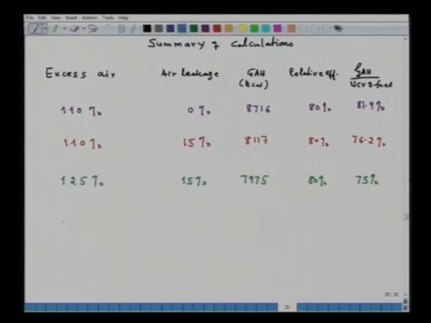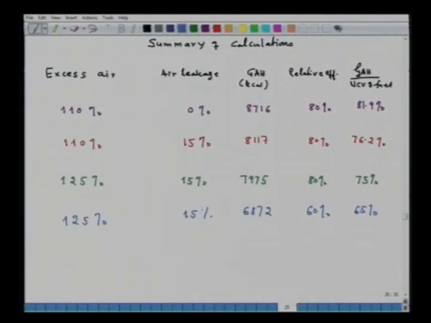The fourth case we have taken 125% excess air, 15% air leakage, 6872, and 60% and 65% over here. Instantly we can see from here that air leakage decreases the gross available heat. Also instantly you can see the increase in excess air, which is now 125%.